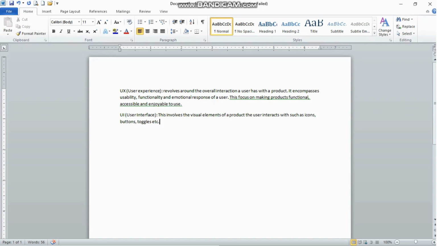What will be the response? As in, what will be the animation of the icon? How will the icon animate? What will be the response when a user clicks a button, right? Now we are going to concentrate more on applications and websites, right? We are going to concentrate more on applications or websites.